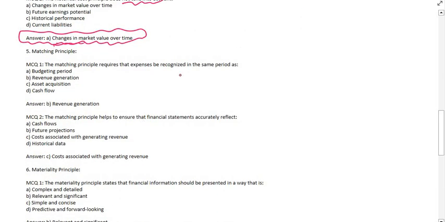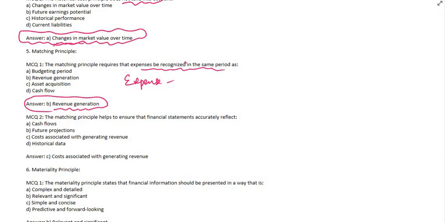The matching principle requires that expenses be recognized in the same period as the revenue generation. The expenses should be recorded in the period when you generate the revenue. This is the concept that expenses should be recorded in the same period as the revenues they help generate.